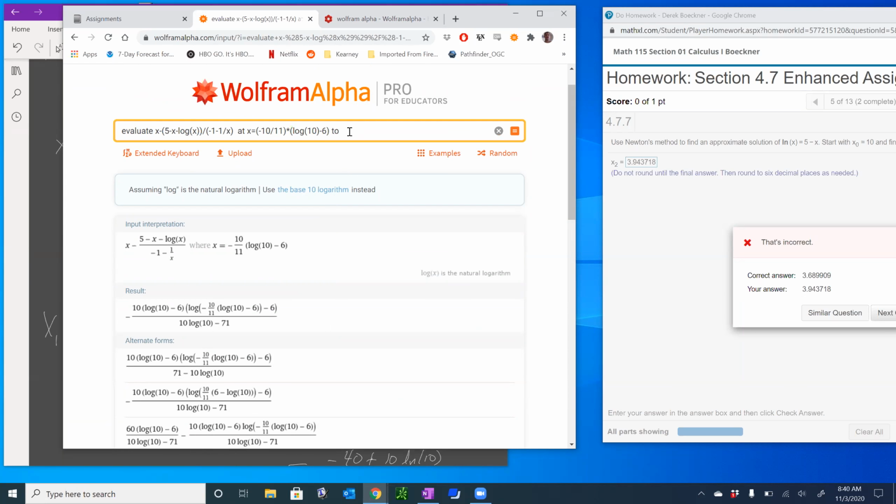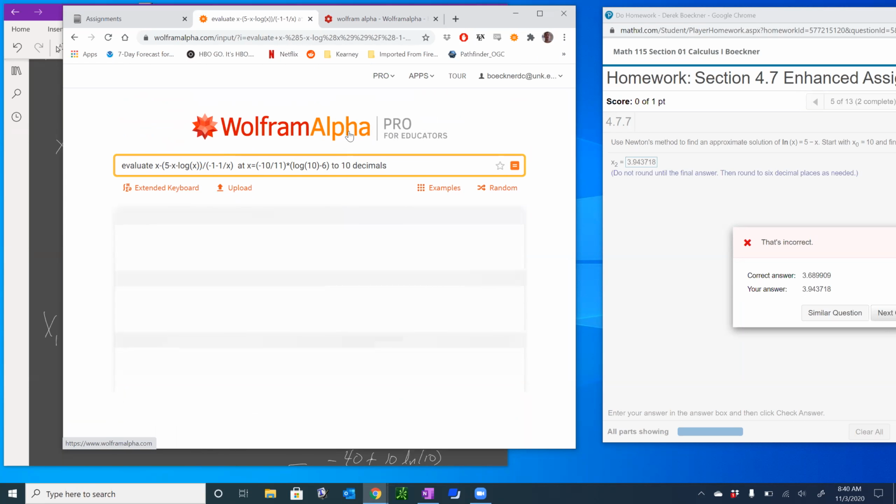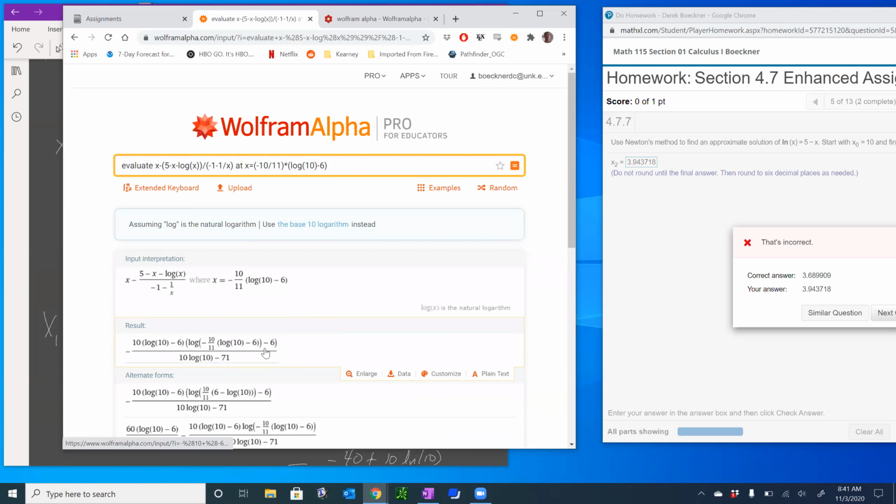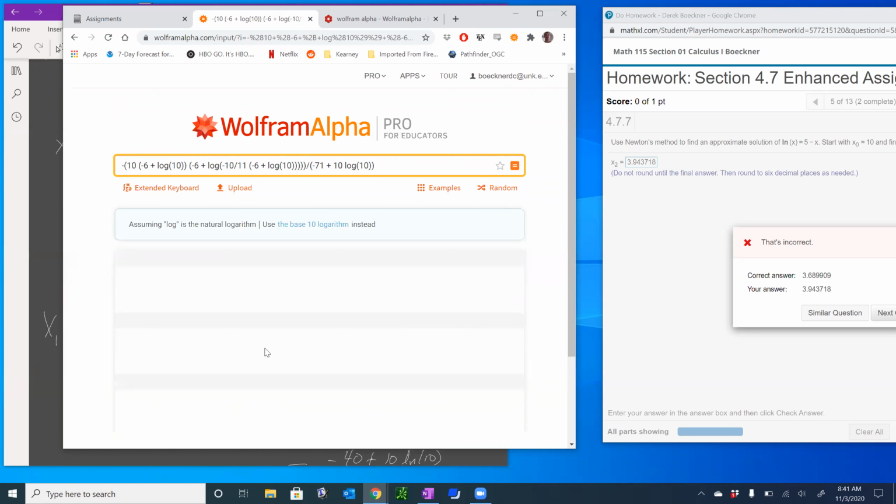How about to 10 decimals? Okay, we're just going to copy and paste what it tells us and evaluate that.